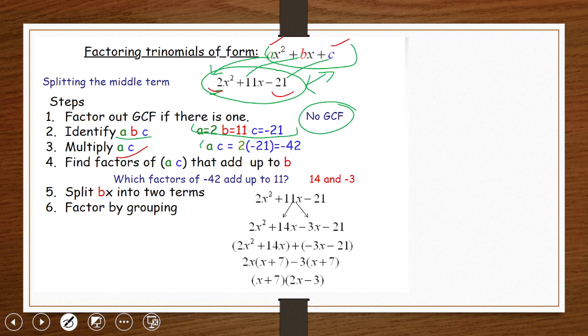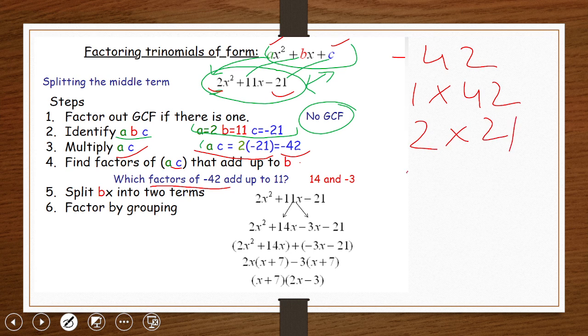We have to multiply a into c, that is minus 42. Then we have to factorize 42, and we write the factors: minus 1 into 42, then 2 into 21, then 3 into 14.